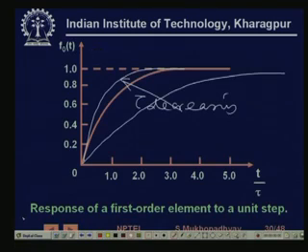Since most arbitrary waveforms can be thought of as a sum of sinusoids, sine and cosine waves, it is very useful to characterize the response of the instrument to sinusoids of different frequencies. This is called a frequency response, and this is very important for an instrument.